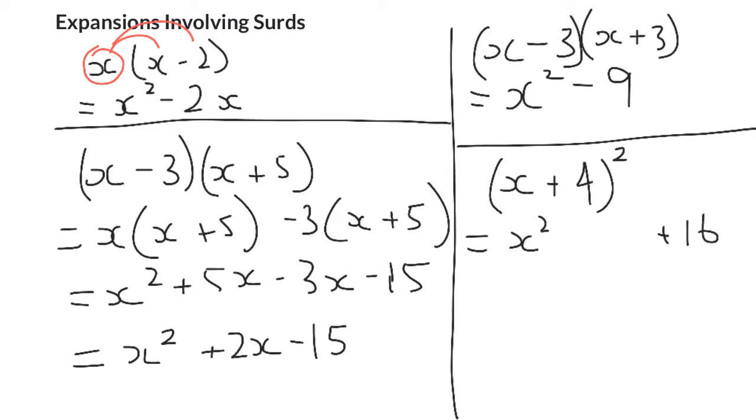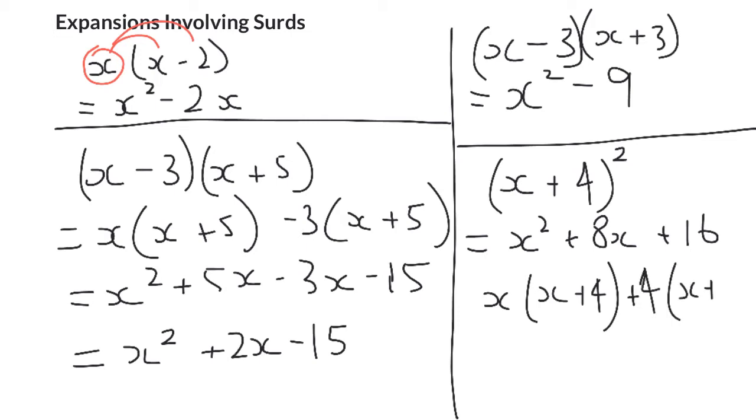So that's 4x plus 4x is 8x. And of course, I could go and write the expansion here of x plus 4, x plus 4. You might use FOIL or draw your ski jumps on there, however you're doing that. As long as you know how to expand these four types of expressions, you're good to go.